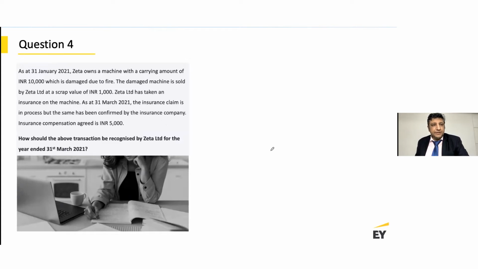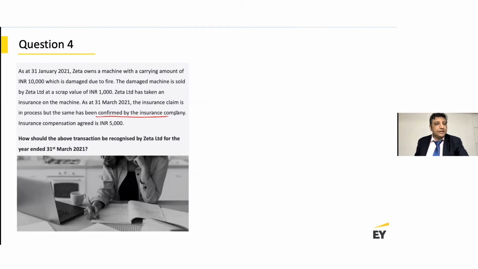We are provided with the details where it says that as of 31st of January 2021, Zeta owns a machine with a carrying amount of 10,000 rupees, which is damaged due to fire. The damaged machine is sold by Zeta at a scrap value of 1,000 rupees. Zeta has taken an insurance on the machine, and as at 31st of March 2021, the insurance claim is in process, but the same has been confirmed by insurance company.